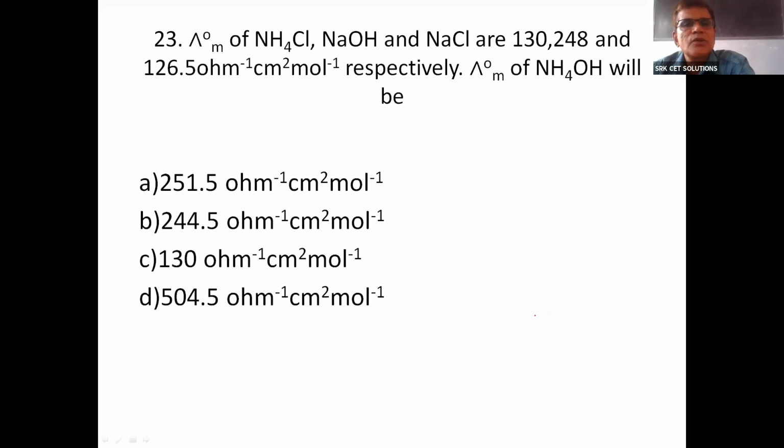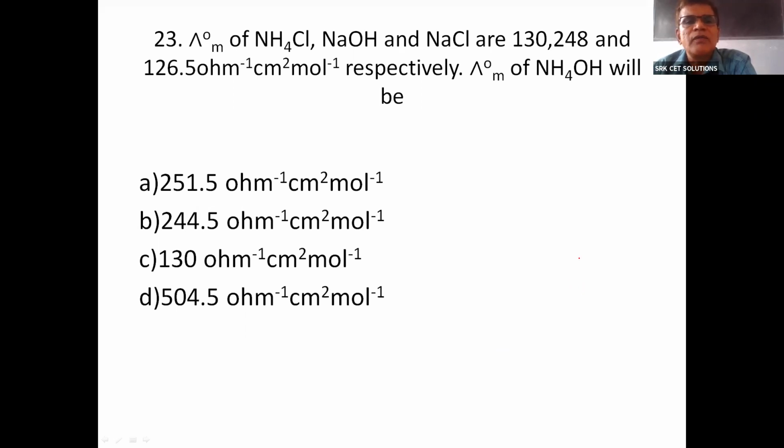Here is a very important question which depends on a very important law known as Kohlrausch law. Lambda naught m represents the limiting molar conductivity of an electrolyte. It is also called molar conductivity at infinite dilution, which will become constant. Further changes will not take place.